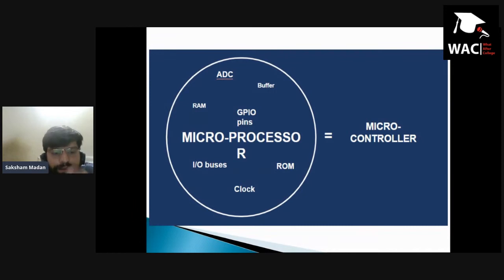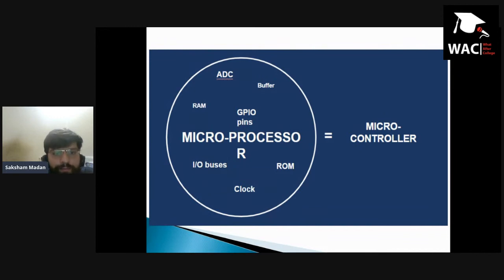If we compare a microcontroller to our body and a microprocessor to our brain, we have an analogy of GPIO pins as sensor input output pins. Basically, what are GPIO pins? GPIO pins are general purpose input output pins, meaning any pin or port that is used to take input or give output.